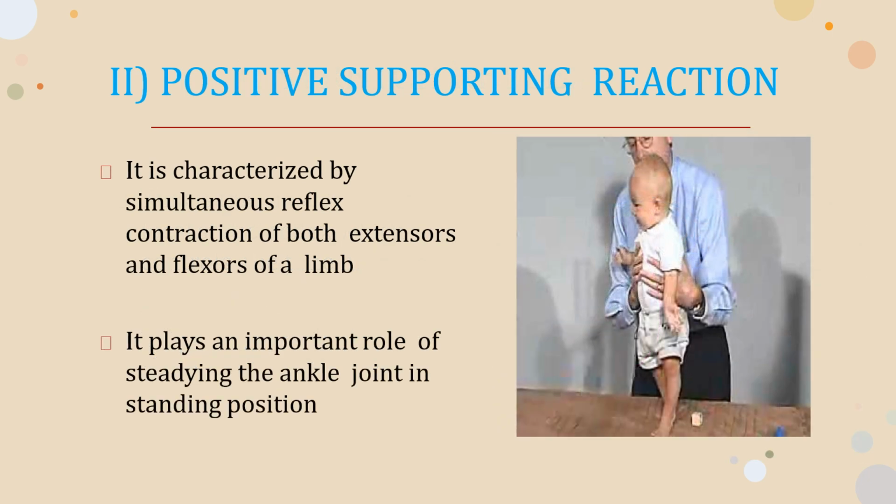Positive supporting reaction is characterized by simultaneous reflex contraction of both extensors and flexors of a limb. It plays an important role in steadying the ankle joint in the standing position.